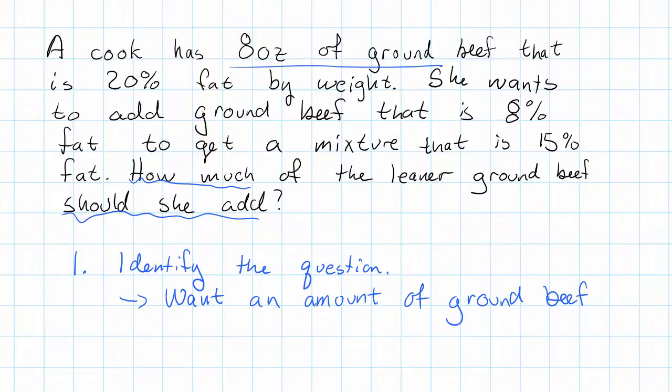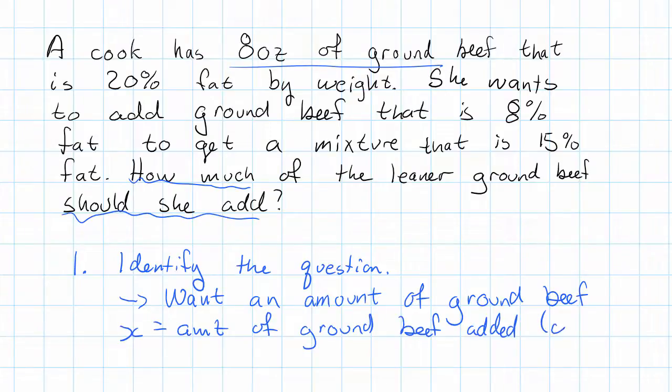Let's say X will be the amount of ground beef added, and we expect that that's going to be measured in ounces. And don't just think that. Actually write that down. Because later on, when you've done a bunch of calculations, you're going to want to be able to look back here and see, what did my X represent again? Have I found the answer to my question?